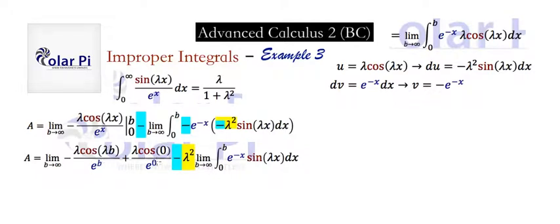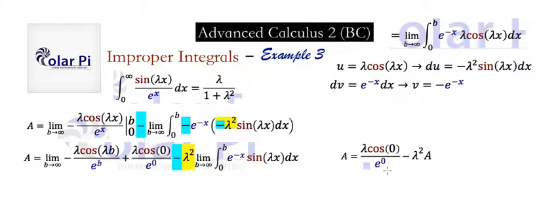And then as I said, from the second quotient, I have lambda. And then I have minus lambda squared times a, our integral that we've been working on, right? In fact, I didn't simplify the lambda times cosine of 0 over e to the 0, so I'm going to take an extra step. But this is gone because as b goes to infinity, e to the b grows without bound, the numerator is bounded, so this goes to 0.